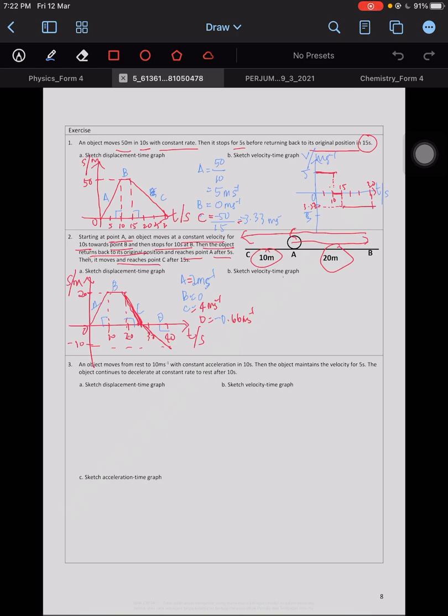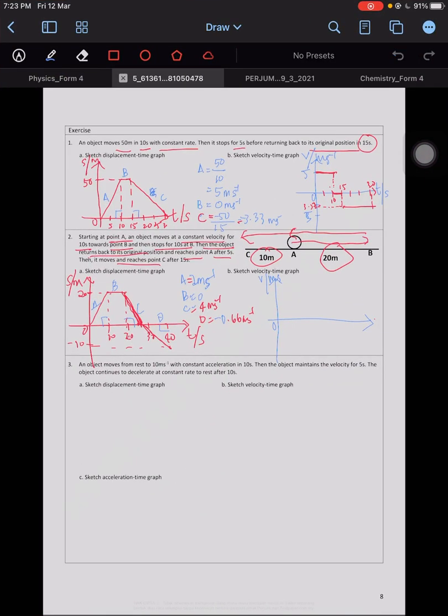Okay, so now we are going to do the sketch. You have negative, so remember you are going to draw a negative part, so make sure you have this information. So origin, velocity in meters per second, and then time in seconds.